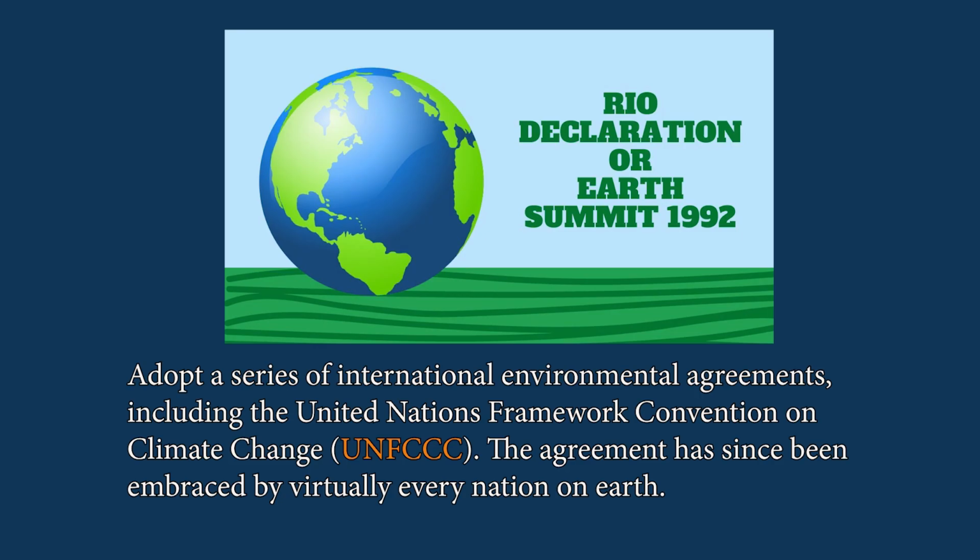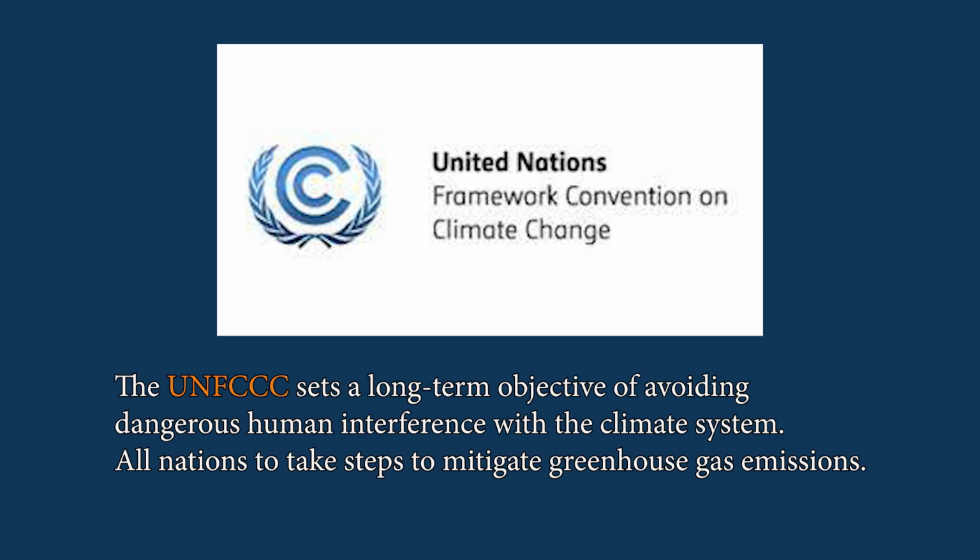The agreement has been embraced by almost all the countries. What is the purpose of setting this framework? It sets a long-term objective of avoiding dangerous human interference with the climate system. The main objective was that all nations have to take steps to mitigate greenhouse gas emissions.